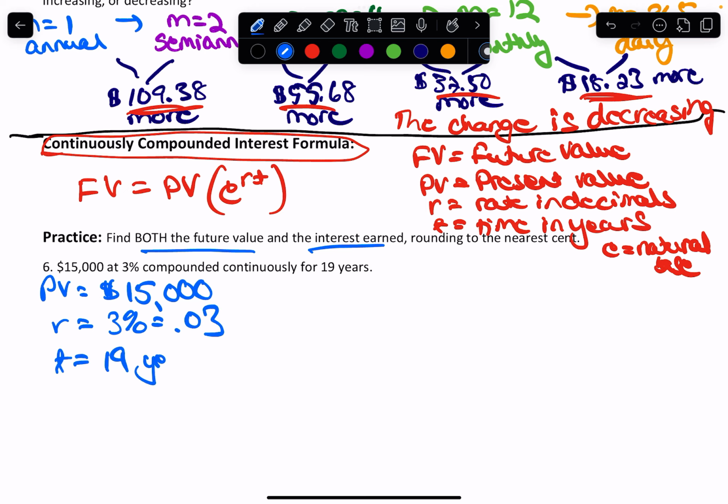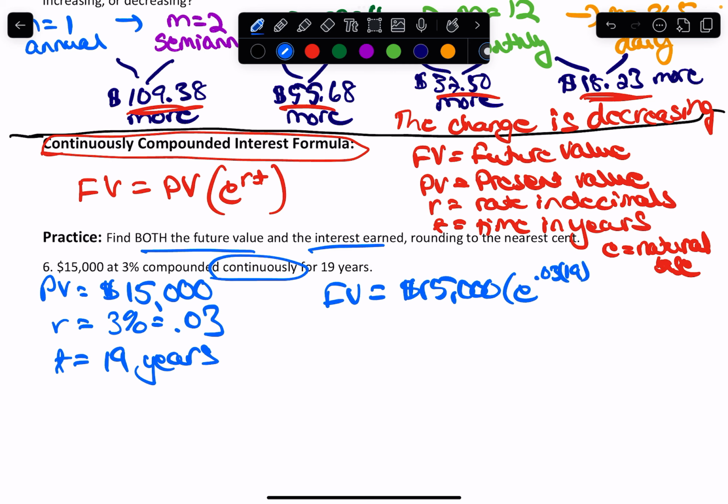And again, notice that now we're compounding continuously. So let's look at what we get. $15,000 times e to the power of 0.03 times 19. When we plug that into the calculator, we get $26,524.01.